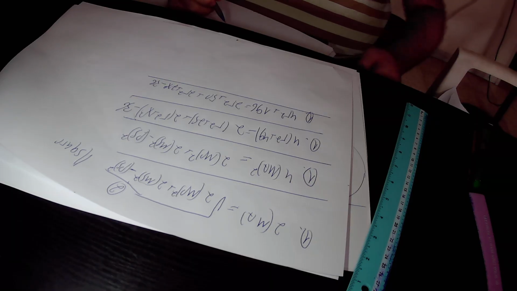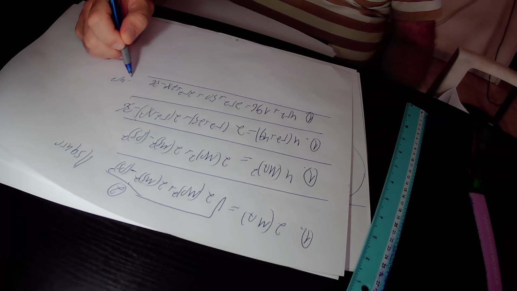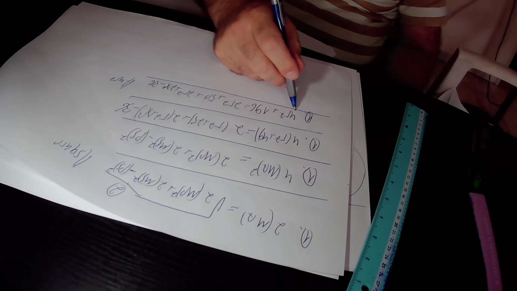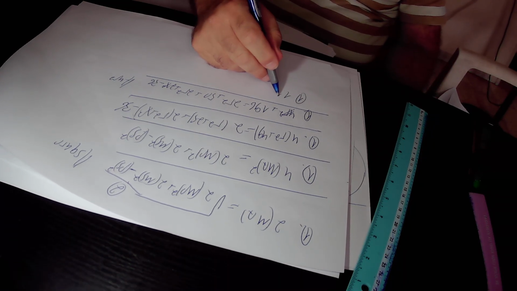Here we subtract 4r squared from this equation. So here 4r squared will get cancelled, and we are left only with 196.